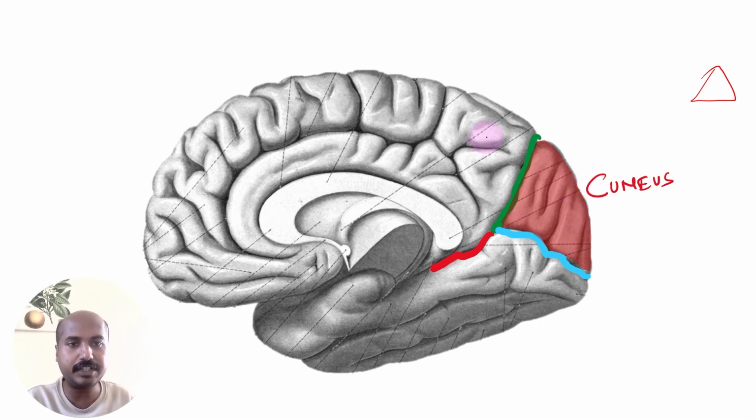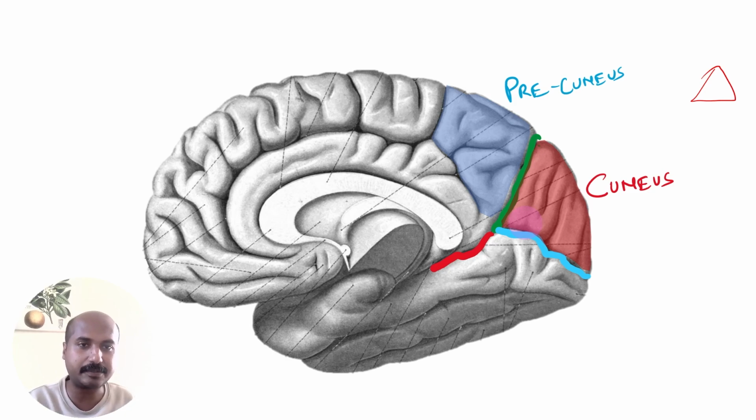And in front of the Cuneus, that means anterior to the Parieto-occipital sulcus, you have this rectangular area, and that is known as the precuneus because it is in front of the Cuneus. Now, if you go below the calcarine sulcus, you can see this gyrus. This gyrus is almost looking like a protruded tongue, and it is called the lingual gyrus.